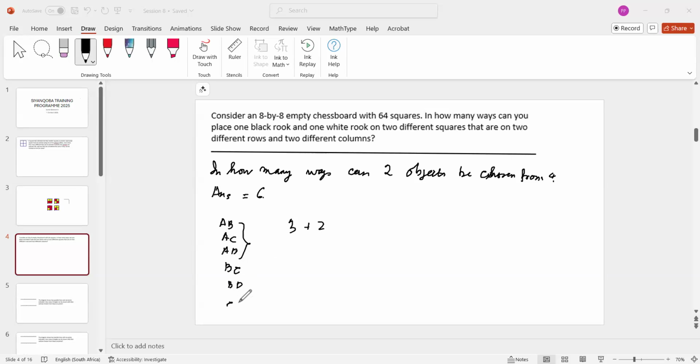And then for C, you have 1. So you can always do it like that. If you had 4 points, it's 3 plus 2 plus 1. Or if you like, 1 plus 2 plus 3.